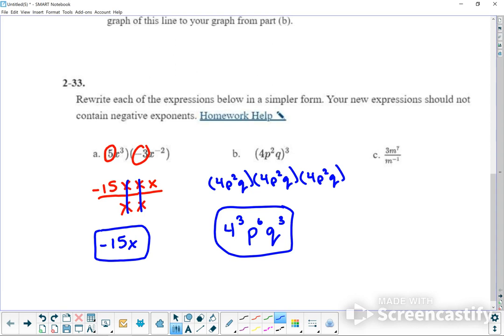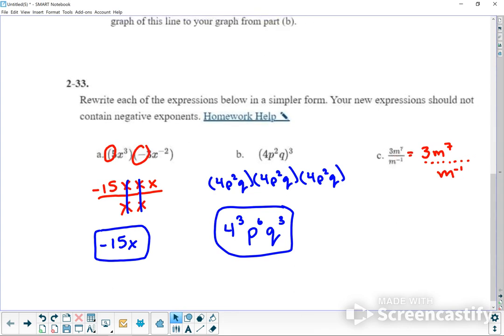Okay, 3m to the 7, and then m to the negative 1. So this is going to end up being 3m to the 7, and the m with a negative 1 is right now on the bottom. It's a negative exponent on the bottom. What that means is we're going to move it to the top and make it positive.